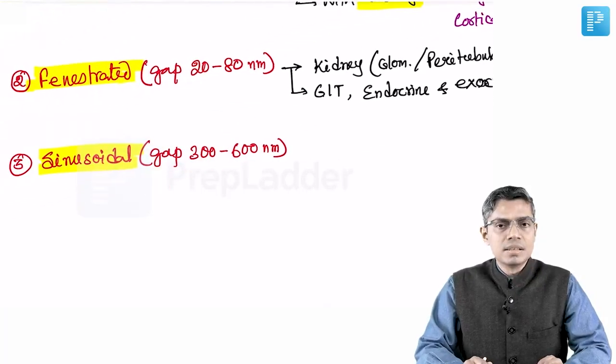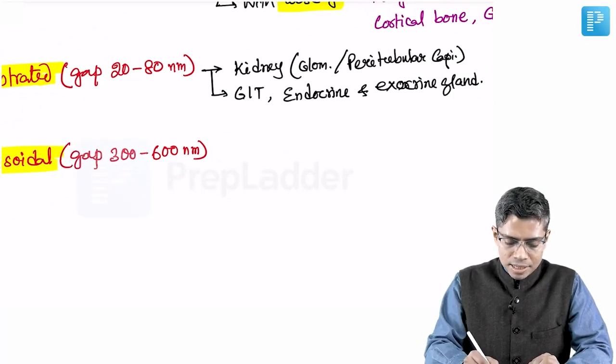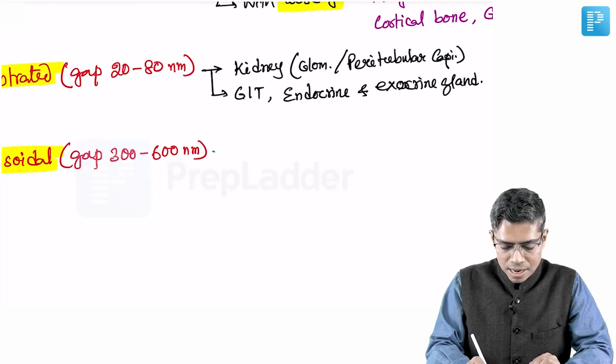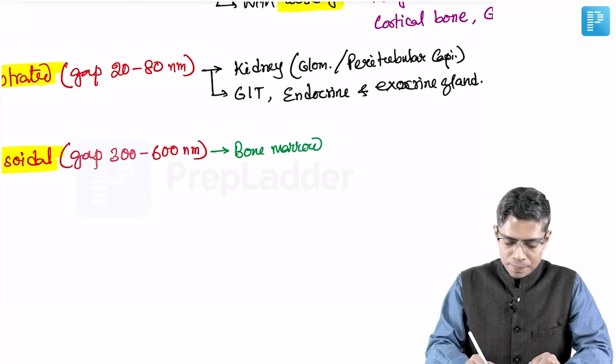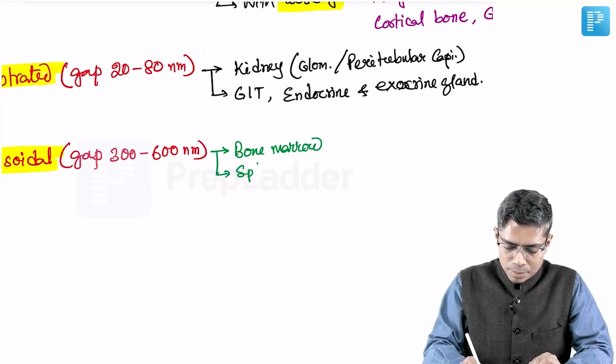And lastly, the sinusoidal, where the gap is very, very high. The sinusoidal capillary is typically present at the level of bone marrow, right? It is also present at the level of spleen, and also at the level of liver.